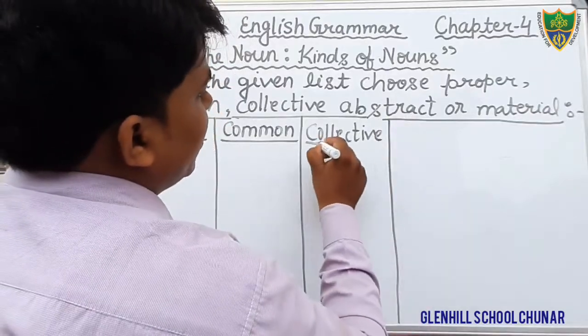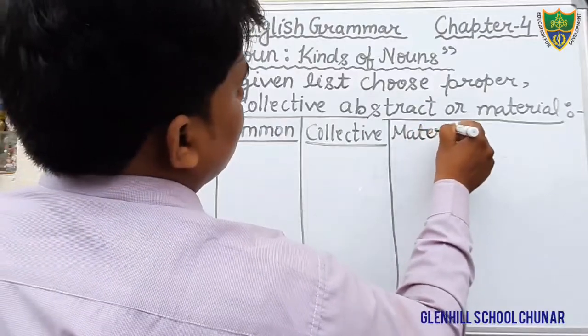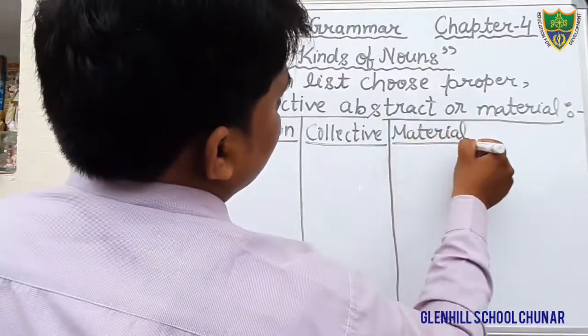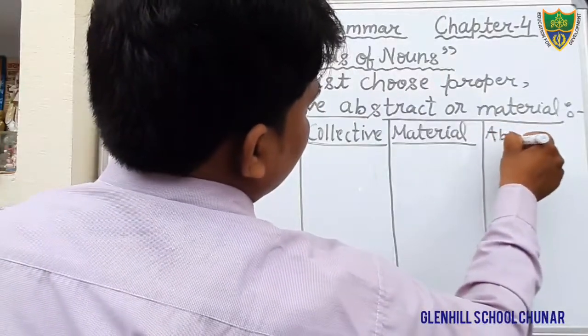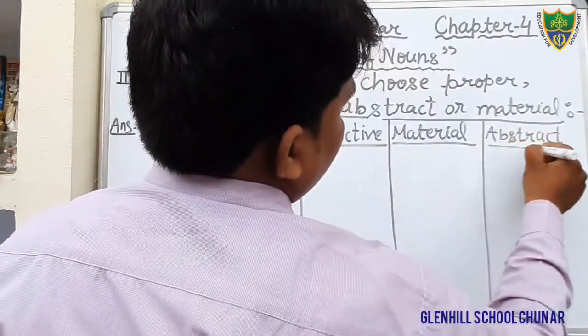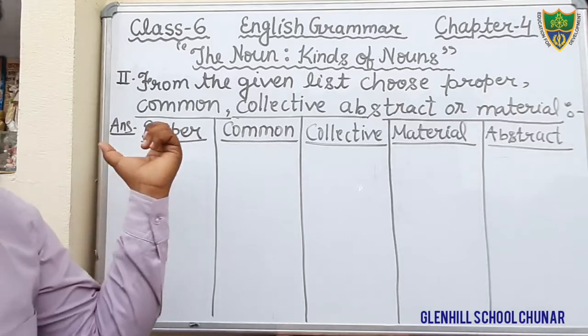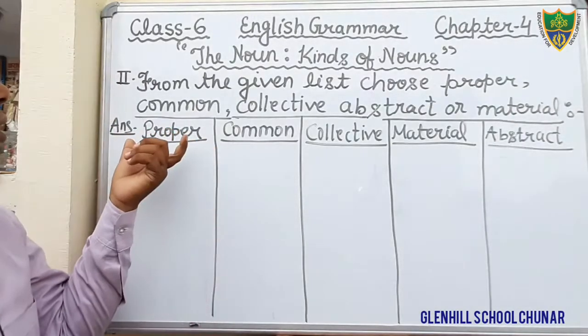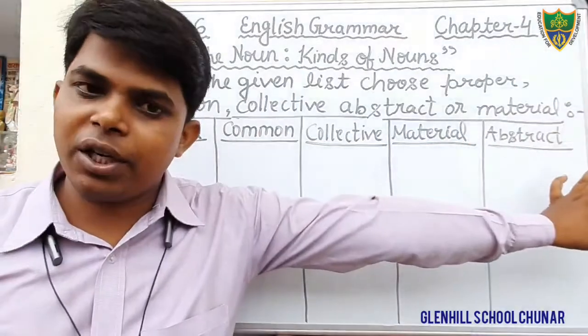Next column that is material. And the next column that is abstract. Okay, proper noun, common noun, collective noun, material noun and abstract noun. Dear students, you will make 5 columns like this.